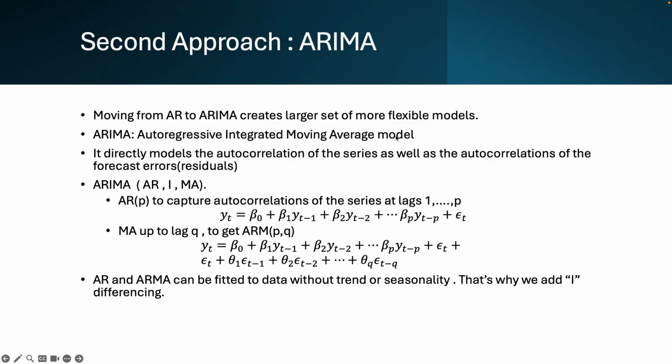ARIMA stands for Autoregressive Integrated Moving Average model. AR is autoregressive, I is integrated, MA is moving average. And this automated model directly models the autocorrelation of the series as well as the autocorrelations of the residuals.